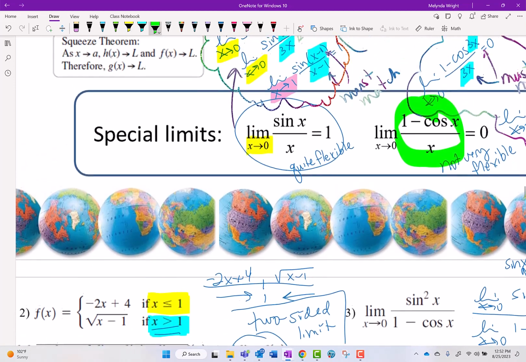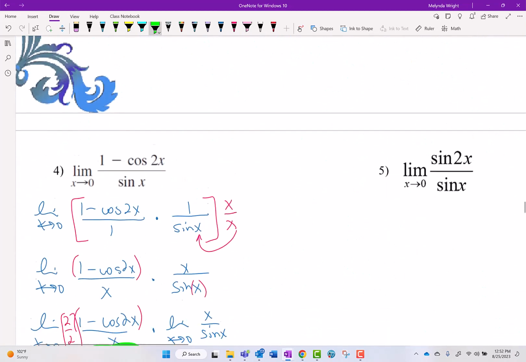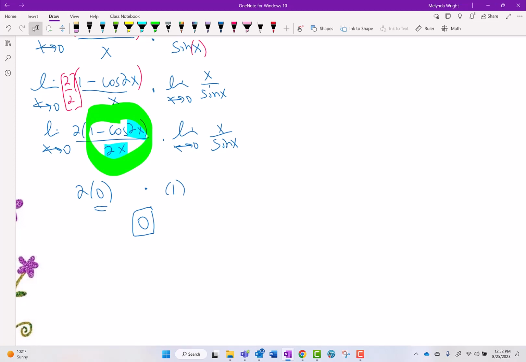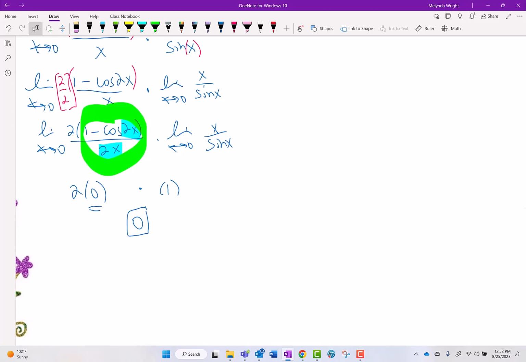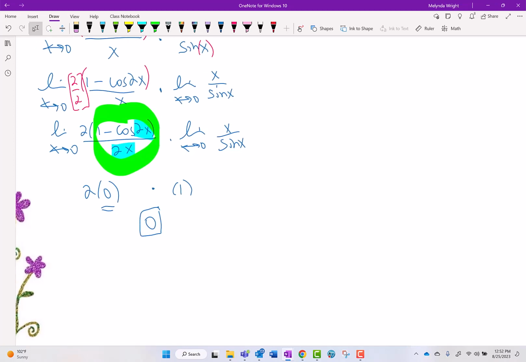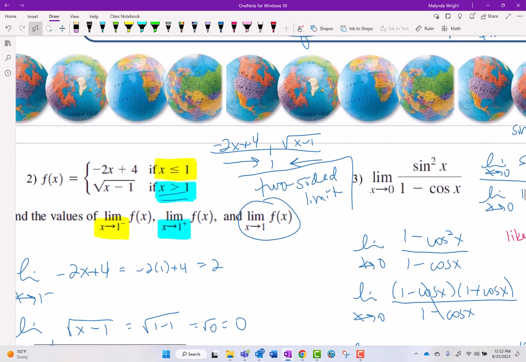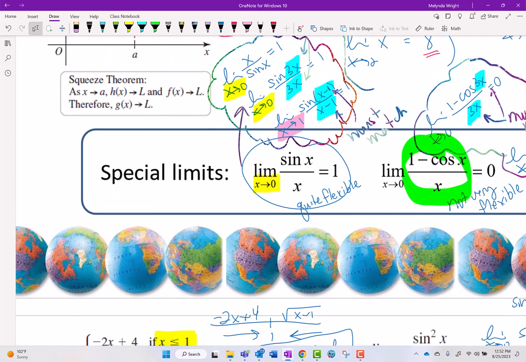Well, how can your answer be 0, but when you plug in the values you get 0 over 0? Because that's the special limit that we will have memorized. This I outlined in green right here. That limit is this limit up here. So if you use the special limits and you get 0, you're done.